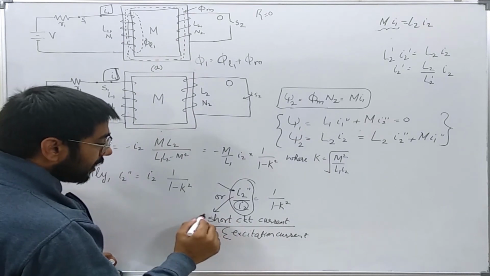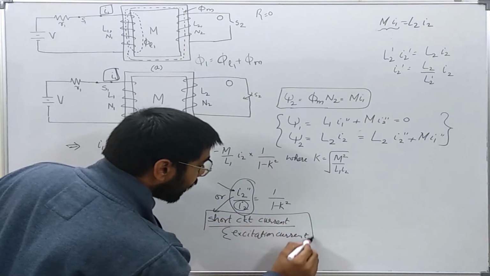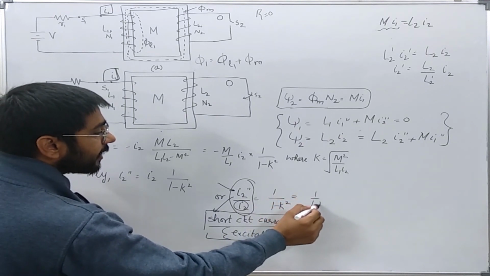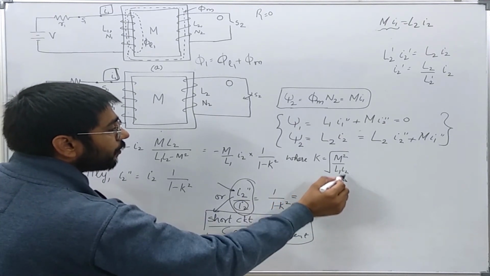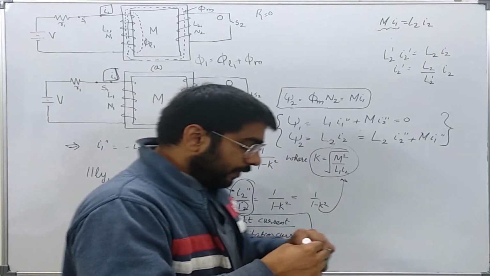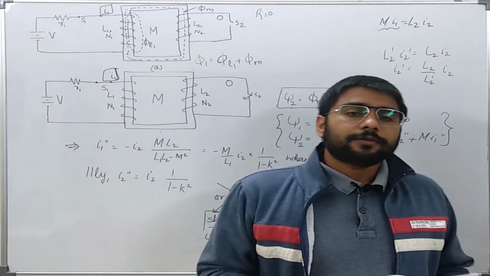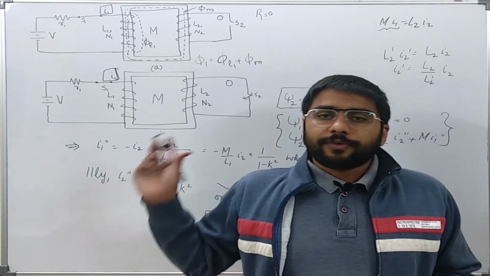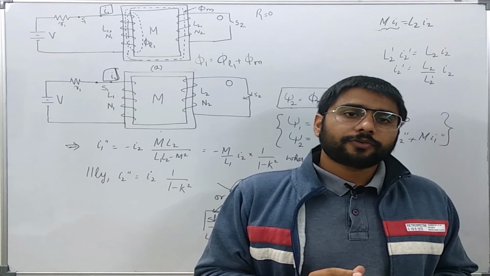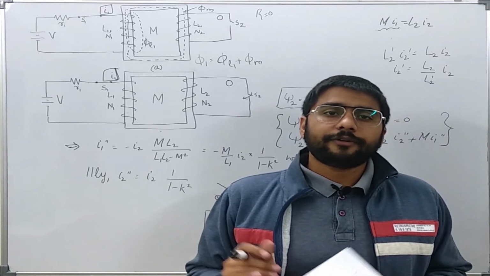So in this way this ratio, short circuit current over excitation current, is just equal to 1 over 1 minus K square, and this K is depending upon the coefficient of mutual coupling. Now in this way I have tried to solve various scenarios so that the concept of theorem of constant flux linkages can be clear to everyone.